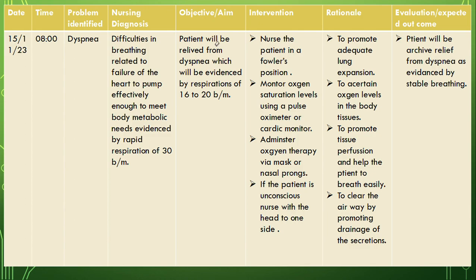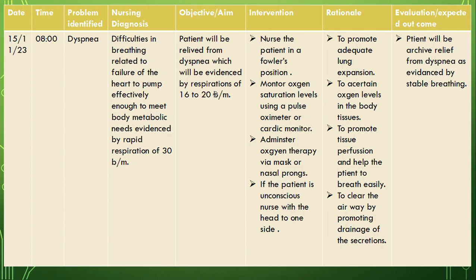And our objective is that at the end of our interventions, the patient will be relieved from dyspnea, which will be evidenced by respirations of 16 to 20 breaths per minute, which is the normal range.